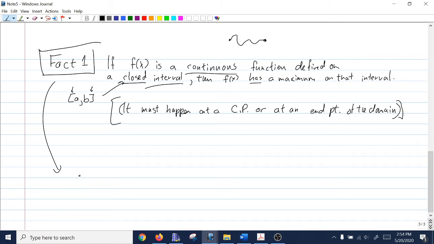You can pretty much get there with a picture. When does a function not have a maximum? One of the ways it would not have a maximum is if, in the place where the highest point would be, there's no point there. I can draw situations like this. That's why we need to have a closed interval, so that that last point is actually defined. Whatever the end point of the domain is, there is a dot there, and if it would be the highest dot, you're allowed to use that and say that's the maximum.